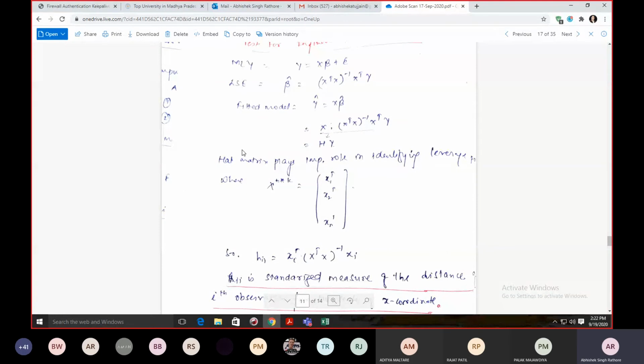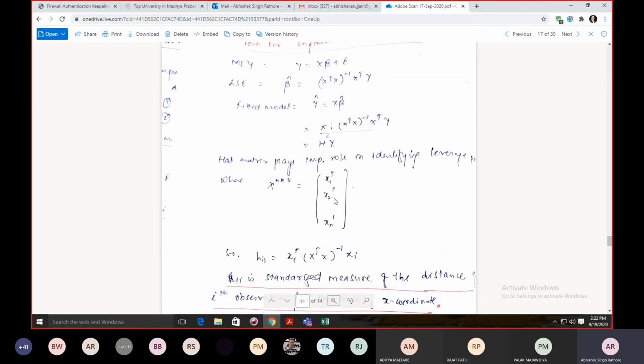Let's consider your x, the matrix or data that is available. We consider that this data contains n rows and k attributes, because we have k plus 1 unknown parameters. So let's say we have this n cross k matrix available. This is our basic assumption: y equals x beta.